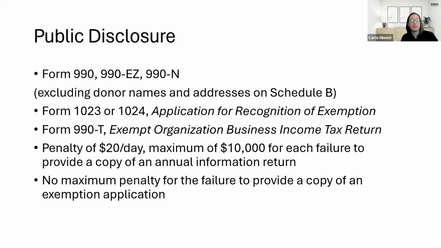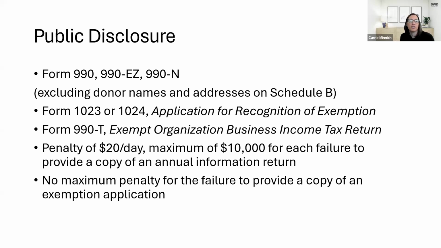GuideStar, Candid, and other websites also provide those tax returns, the 990s, that are available to the public to look at. Now, one thing to keep in mind is Schedule B, which we'll talk about a little bit later. That is where we report our donors' names, addresses, and dollar amounts over a certain dollar amount for each entity.